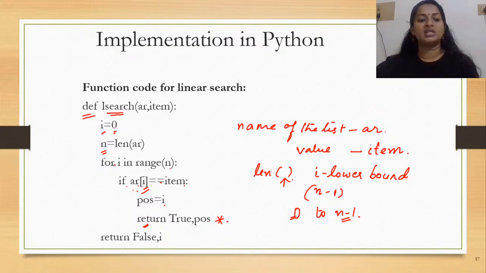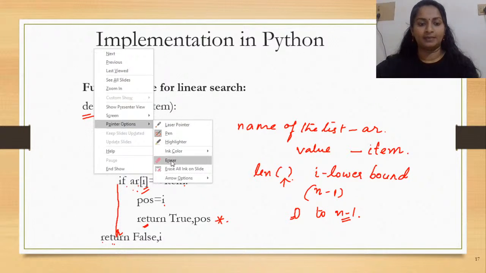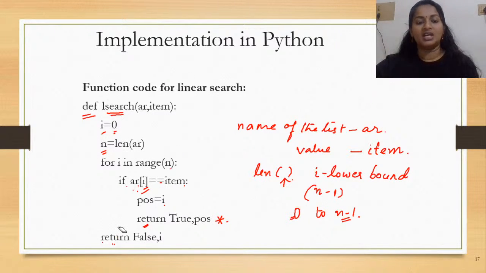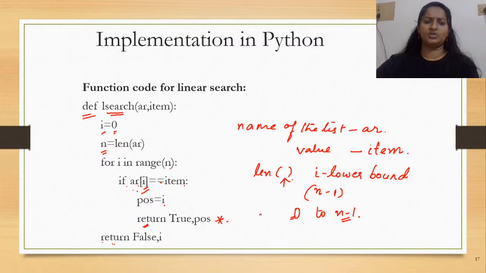So what you have to do in this case is write, I'm sorry, there's a small mistake in the alignment, the indentation. It had to actually start from here. Okay, so what you have to write is return false comma i, right? Now I need to see why I gave multiple values here.